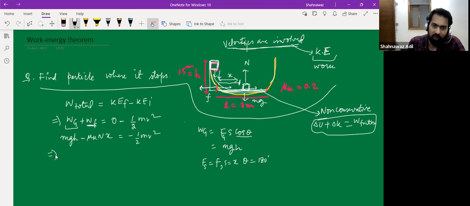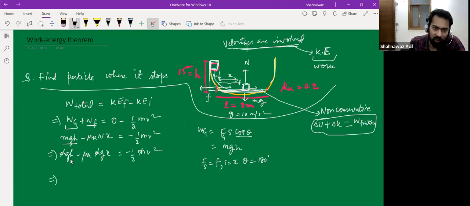Yes, sir. So let's say your g is 10 meter per second square. So mgh, h is 1.5 meter. I didn't write the mass. So mgh minus mu k mgx is equal to minus half of mv square. Right, so m gets cancelled.